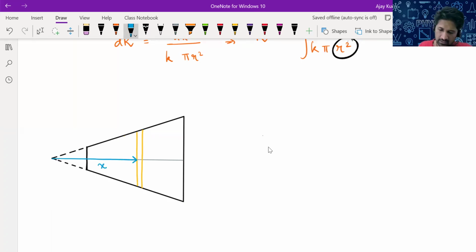I am assuming this is the origin. And horizontal, I'm taking x-axis, vertical, I'm taking y-axis. This distance you can call as x. And then the radius can be called as y. We need a relation between x and y. How do we relate x and y? We can use the equation of this straight line.